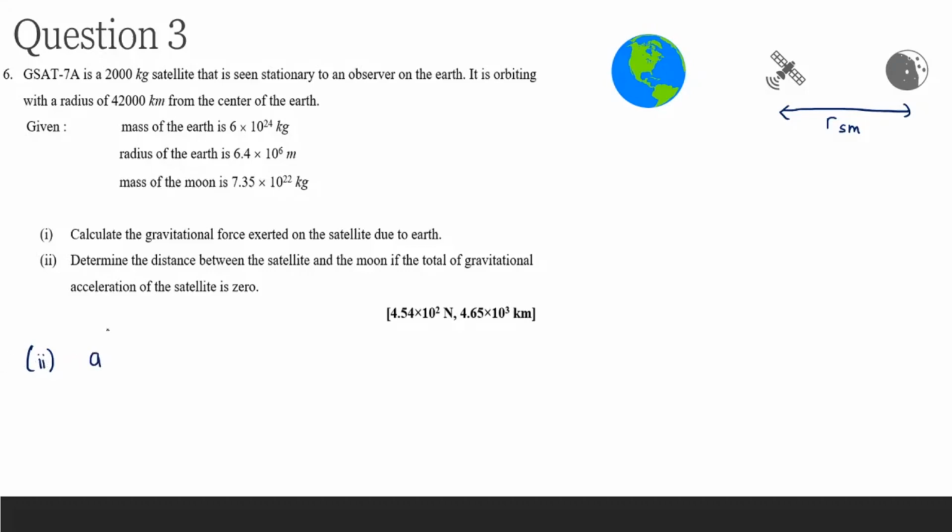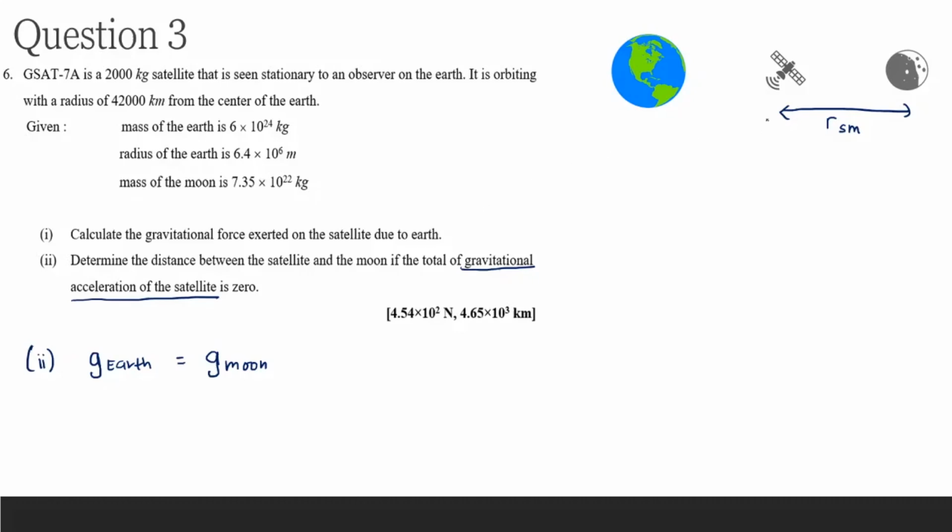So A Earth is equal to A Moon. Ataupun kita boleh guna G. G pun boleh juga sama. Sebab gravitational acceleration tu G ya. Okay, gravitational acceleration of the satellite is 0.